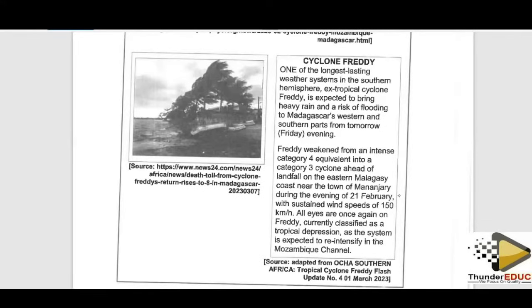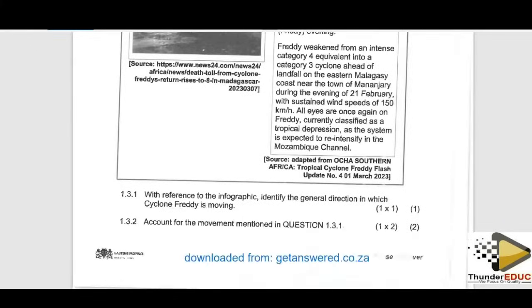They say it weakened from an intense Category 4 equivalent to a Category 3 cyclone ahead of landfall on the easterly Malagasy coast near the town of Mananjary during the evening of 21st February, with sustained wind speeds of 150 km per hour.